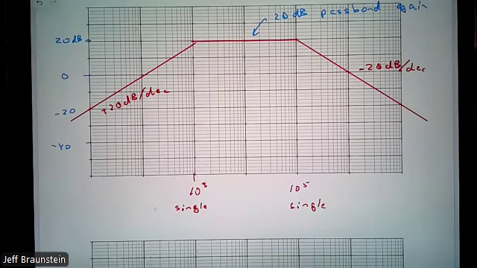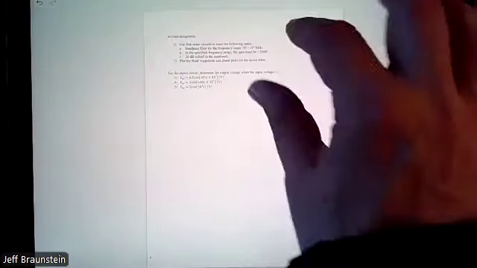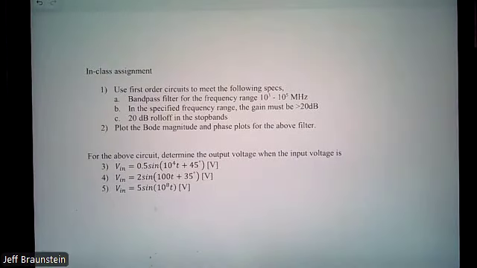That said, I do want you to just practice quickly. It's kind of a pick up on what you did yesterday in the lab. So if I want to do this circuit with just first order circuits, same specs, how do you build it? Consider this a practice test problem. Same specs, use first order circuits.